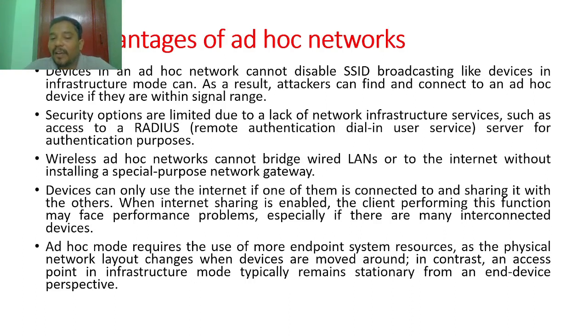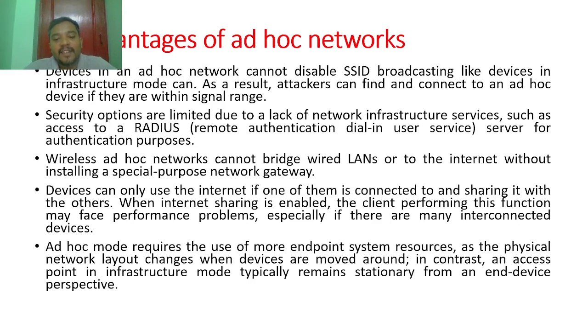And another one is that ad hoc mode requires the use of more endpoint system resources. That means more endpoint, which is a node, resources, as the physical network layout changes when devices are moved around. In contrast, an access point in infrastructure mode typically remains stationary from the end devices' perspective.